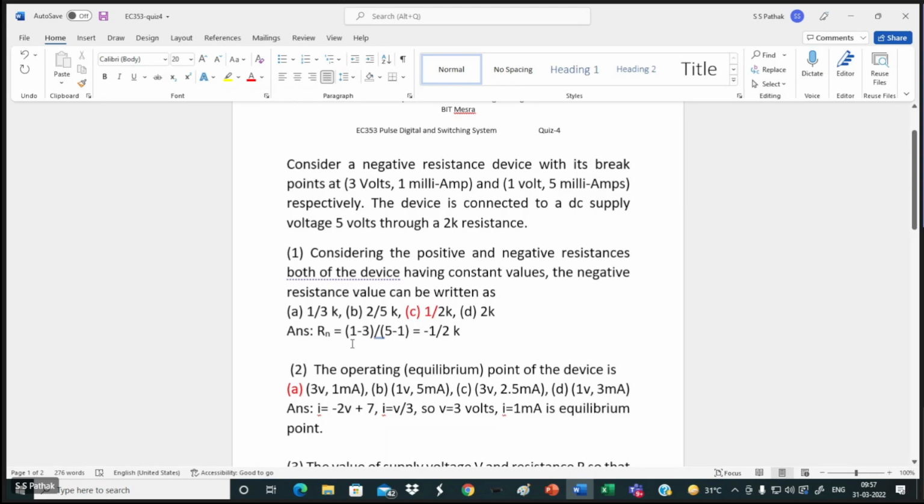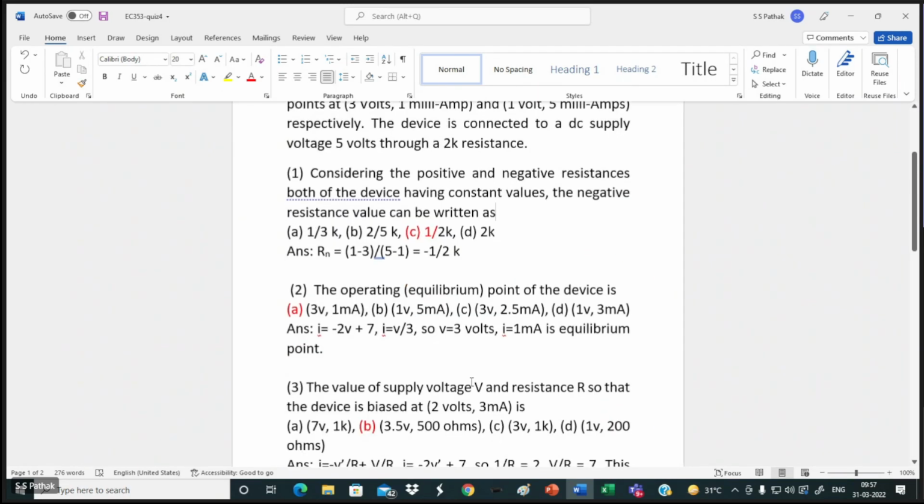So this negative resistance value will be minus 1 by 2, so Rn is minus 1 by 2 K. So this is what I have given. You see that I have given the answer.